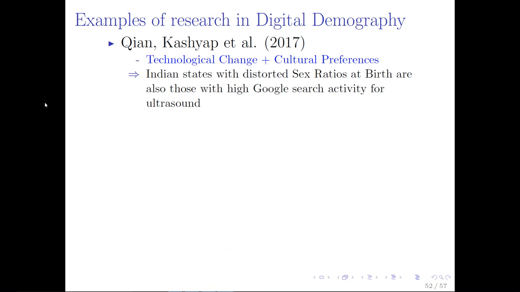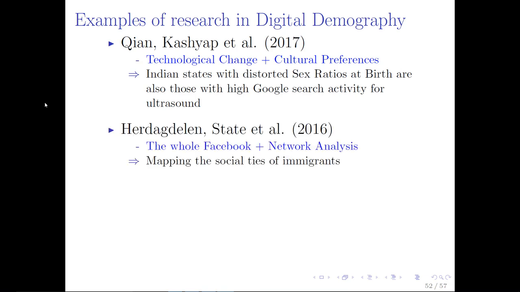Other examples include the use of Google search activities for ultrasound to evaluate differences in sex ratios at birth across Indian states. Or the use of Facebook data and network analysis to map communities of migrants.